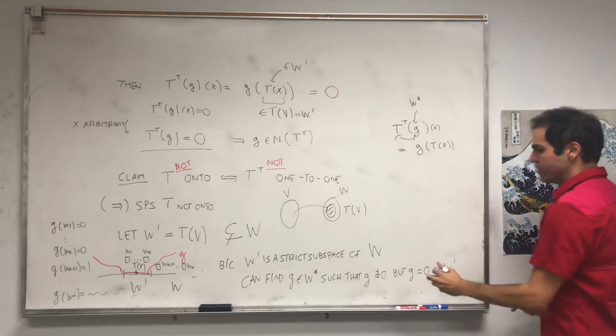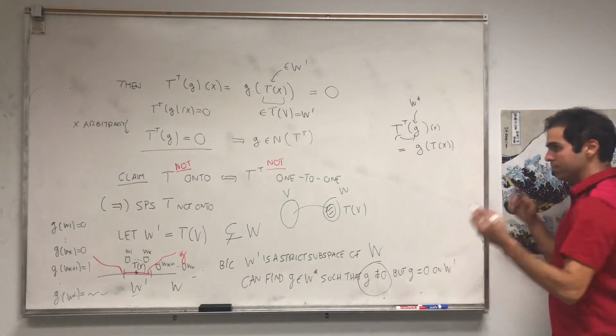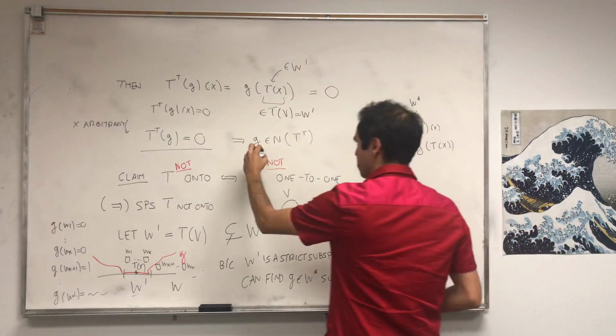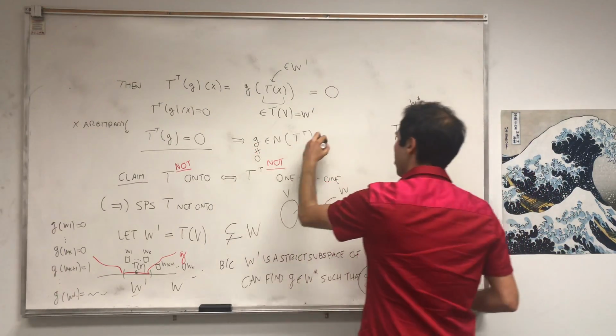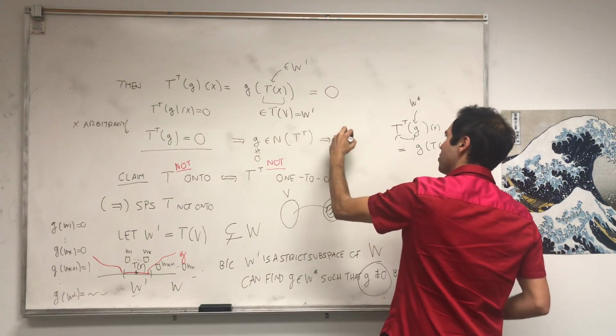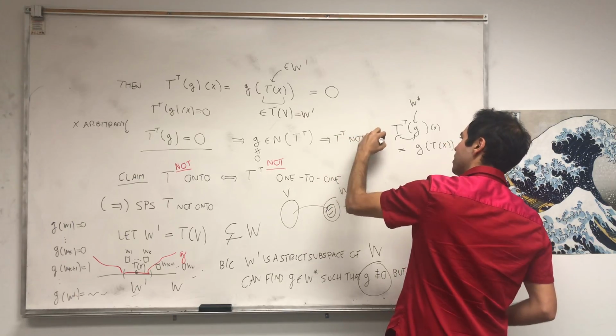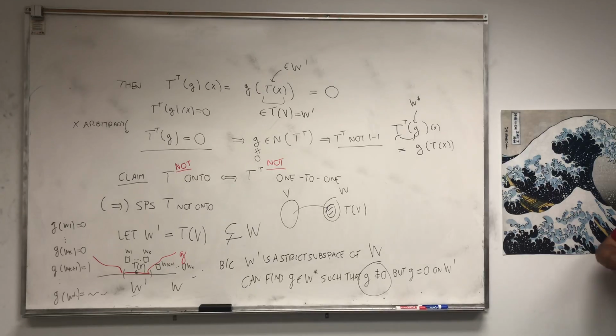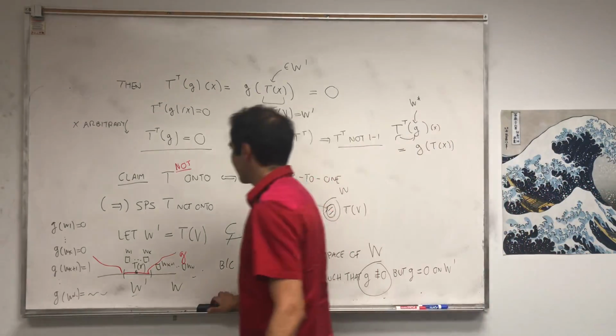But remember, G was not the 0 functional. So we have a non-zero functional in the null space. So in particular, T transpose is not 1-to-1. Because 1-to-1 means the null space is trivial, but it's not. That's why it's not 1-to-1.